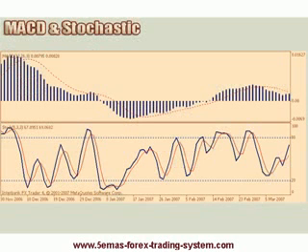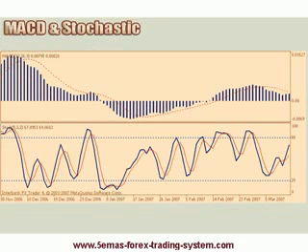The MACD indicator at the top of the screen consists of two elements: a slow-moving average, represented by the dotted line, and a fast-moving average, represented by the histogram bars. The stochastic indicator at the bottom of the screen also consists of two elements: a slow line, shown here in blue, and a signal line, shown in red.